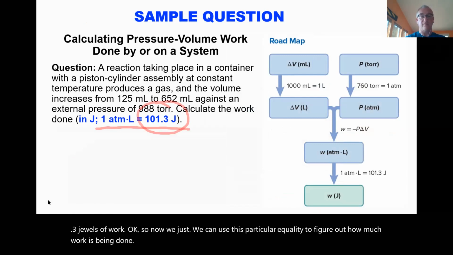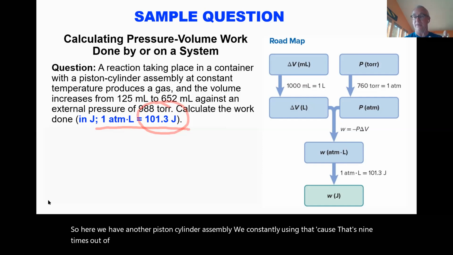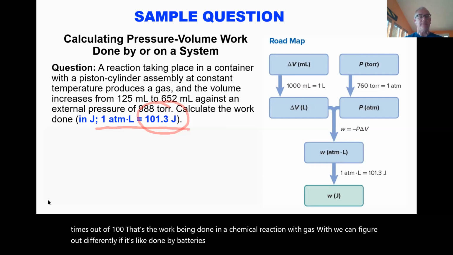Here, we have another piston cylinder assembly. We constantly use that because 99 times out of 100, that's the work being done in a chemical reaction with gas. We can figure it out differently if it's done by batteries or whatever. But in this instance, it's pressure and volume work.